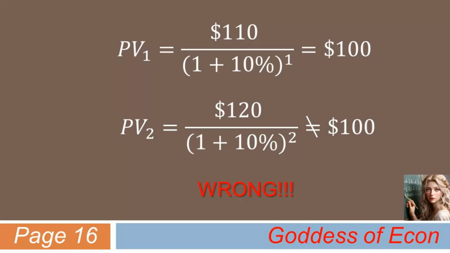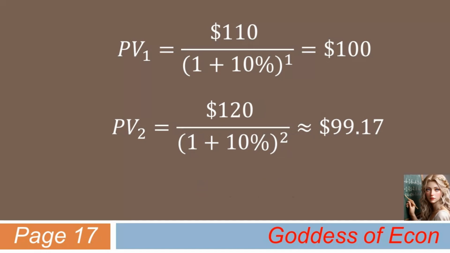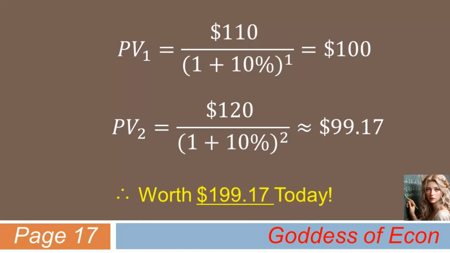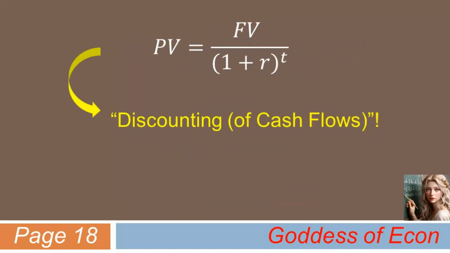This means the PV of $120 would be slightly less. So, how much is this worth today? It is worth about $99.17 today, according to the calculation using the PV formula. So in total, we can conclude that the future cash flows are worth $199.17 from today's standpoint. What we have done so far is neatly called discounting, or discounting of future cash flows.